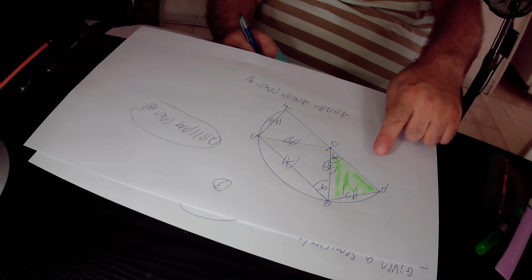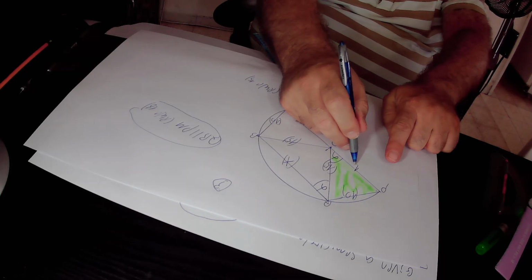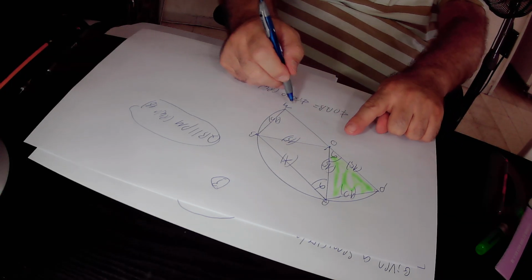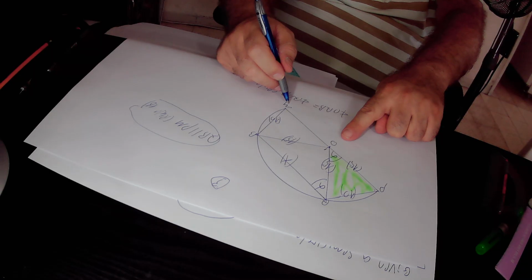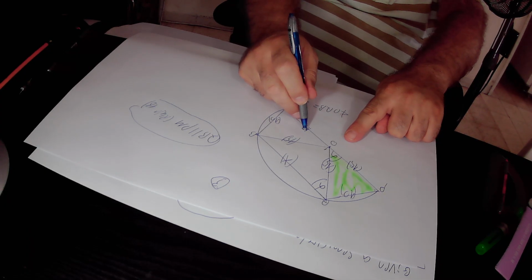Here side OP of course equals 15 units. It is the radius of the semicircle. Side OM, this is side OM, is also equal to 15 units in its length. It is the radius of this semicircle.